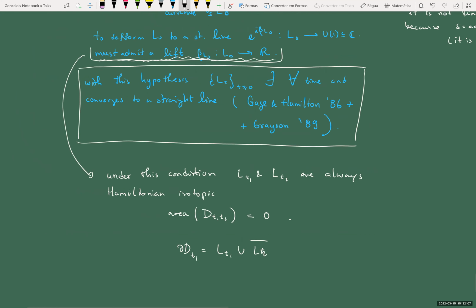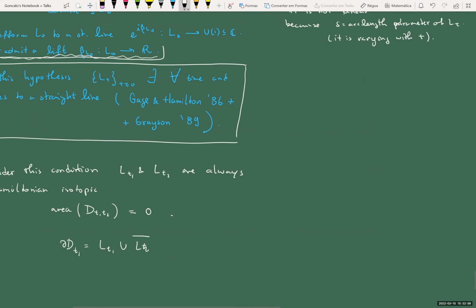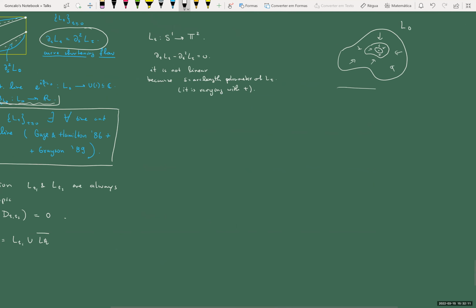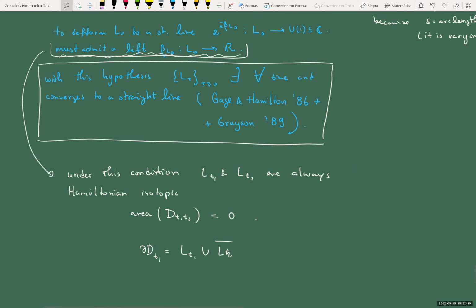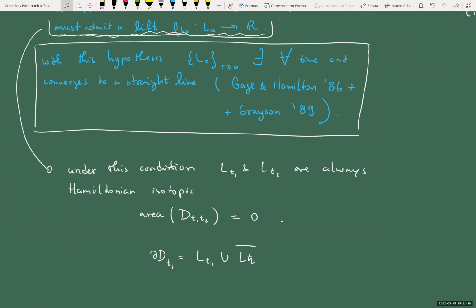But if this condition is violated, like in this example, it will not preserve the Hamiltonian isotopic class. Does that answer your question?